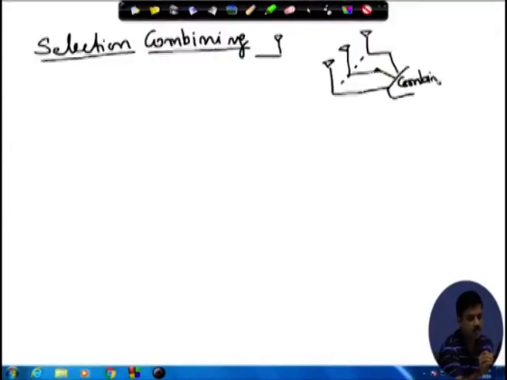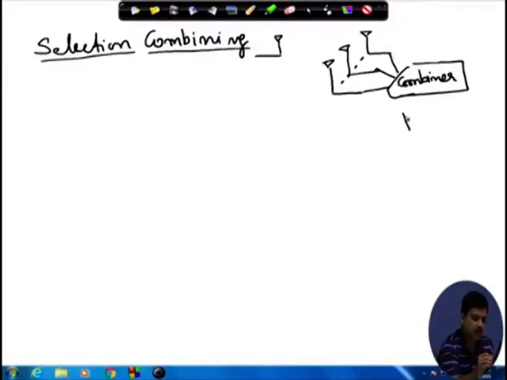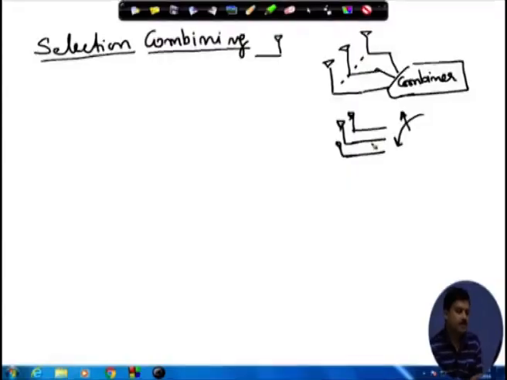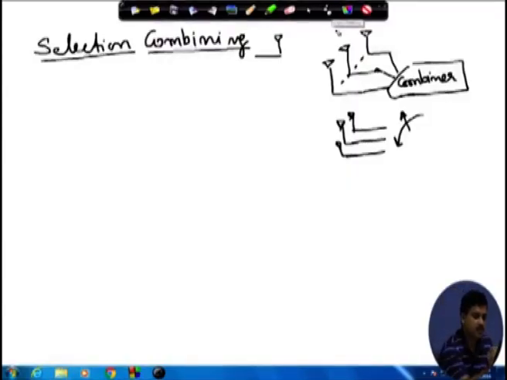The signals from the different branches are combined, and the combining technique is selection. That means it selects the best out of them. You can imagine there is a switch which goes through all the input branches and selects one of them, and the method is basically the one that we discussed in the previous lecture.